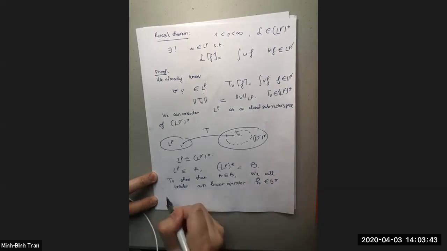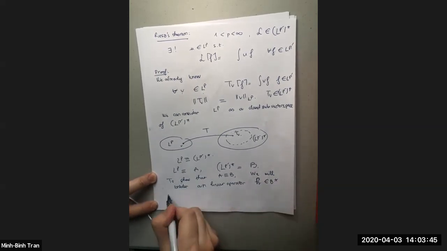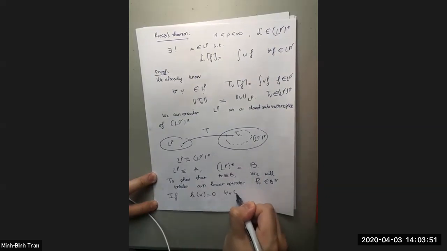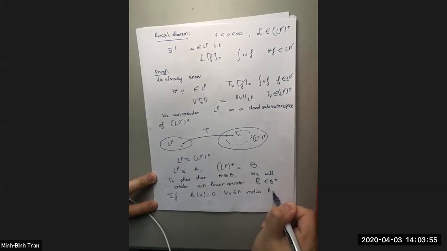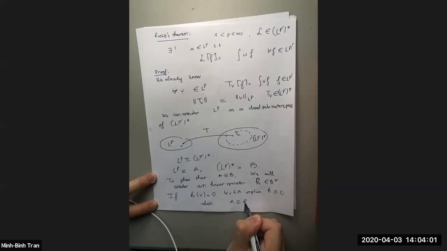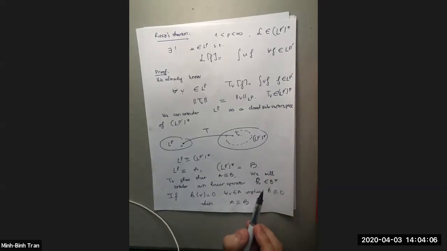If H(v) = 0 for all v in A implies that H is 0, then A and B are the same. This is the strategy that we discussed before.